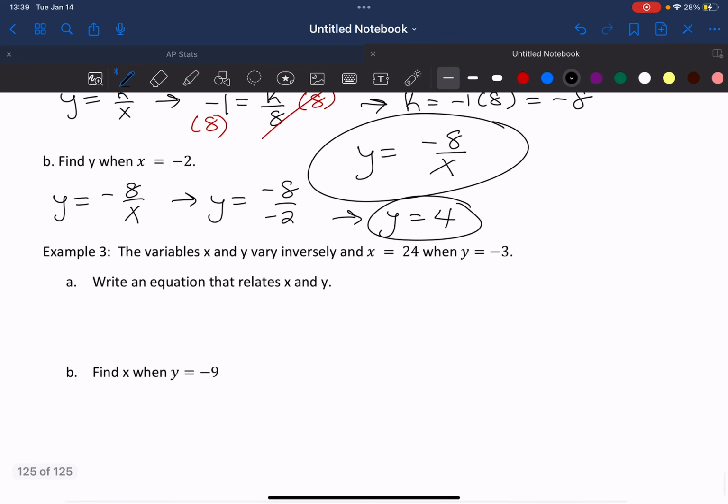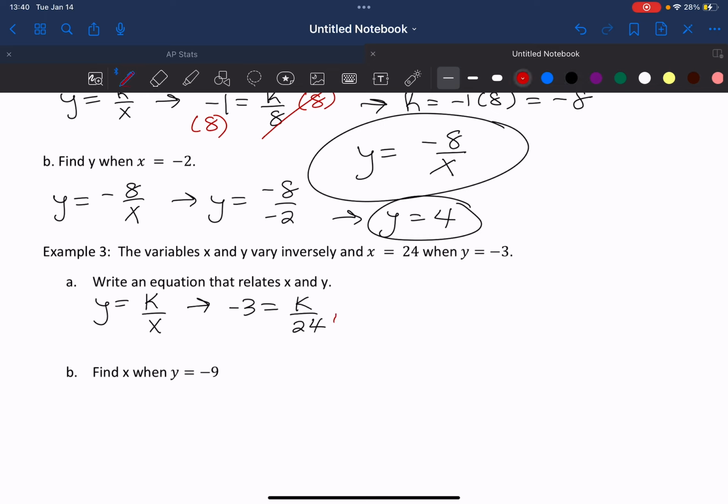Okay, last example. Variables x and y vary inversely, and x is equal to 24 when y is equal to -3. So we have y is equal to k over x. Now we're going to plug in y and x, so -3 is equal to k over 24.